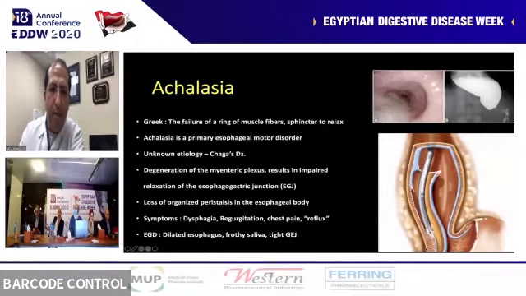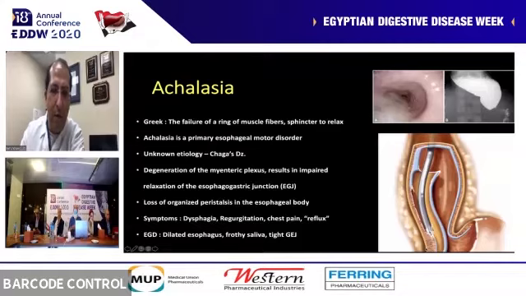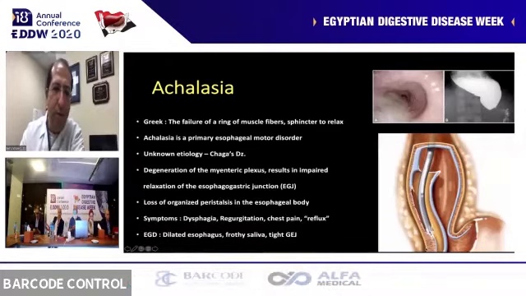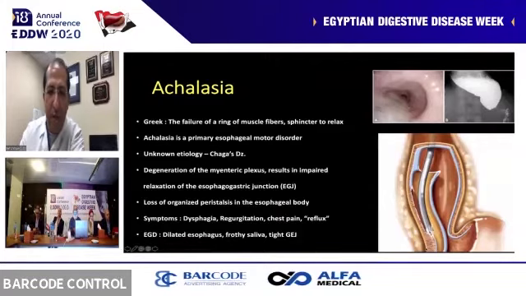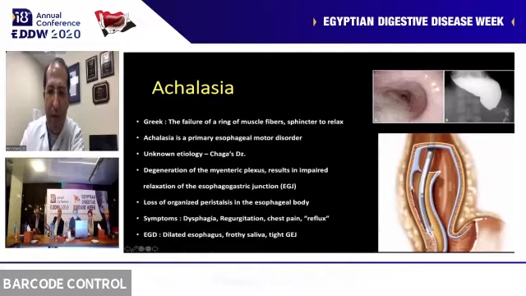There is degeneration of the myenteric plexus, and it results in impaired relaxation of the lower esophageal sphincter. Coming with that, due to the chronicity, is a dilated esophagus, an esophagus that doesn't move very well. Patients usually present with dysphagia, regurgitation, chest pain, and a lot of them describe what they have as, quote unquote, reflux.